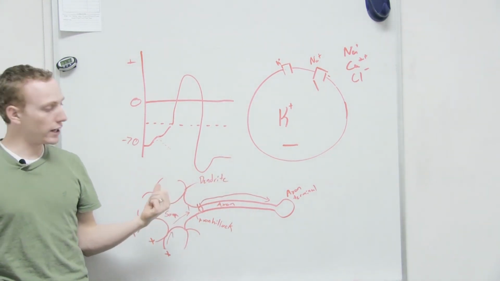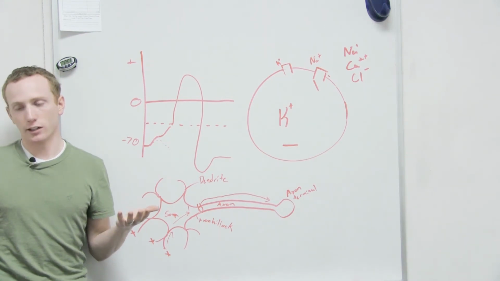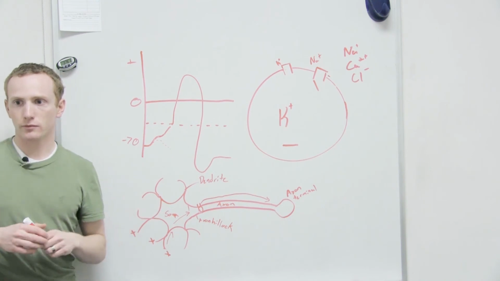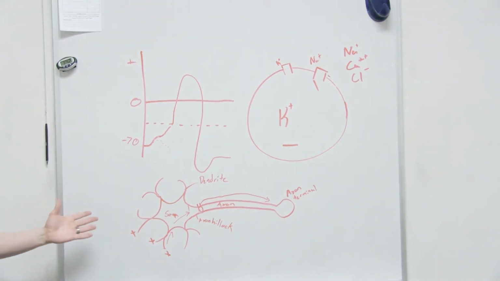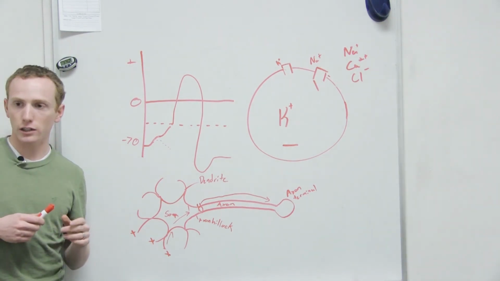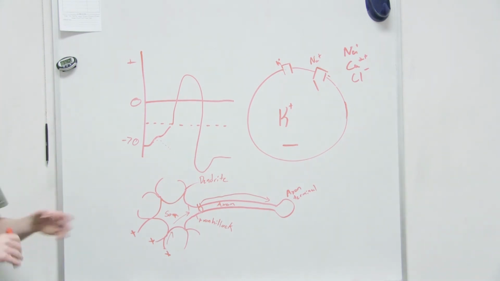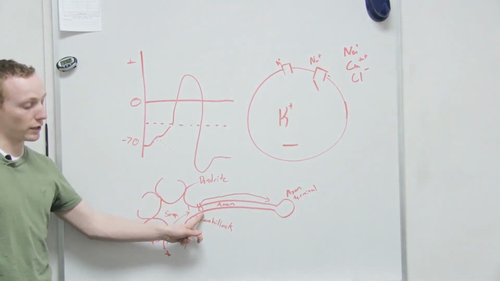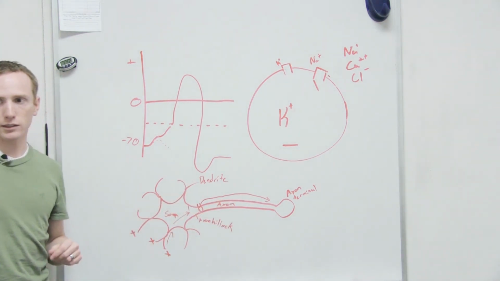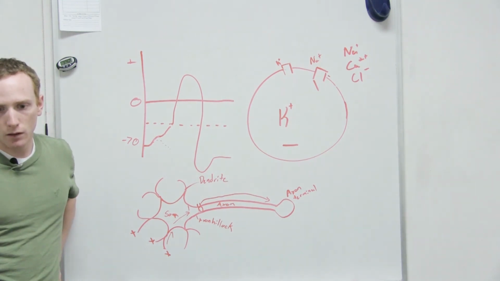Whereas on the other ones, if 5 of them open, that's not going to cause the whole domino to spill over. So graded potentials aren't all or nothing, but action potentials are. Does that make sense? Yeah. So if we don't hit threshold at this point, no action potential, no signal. How would magnitude and amplitude play into this?